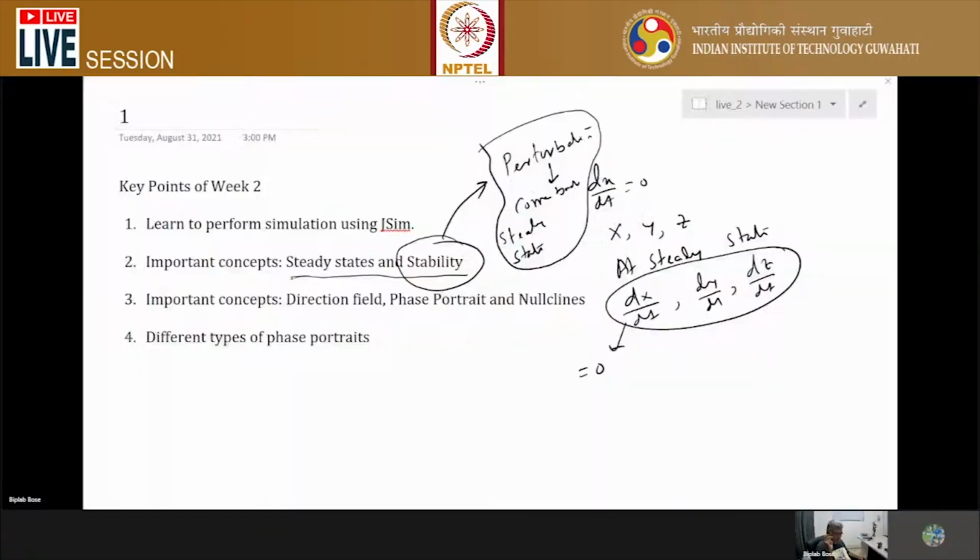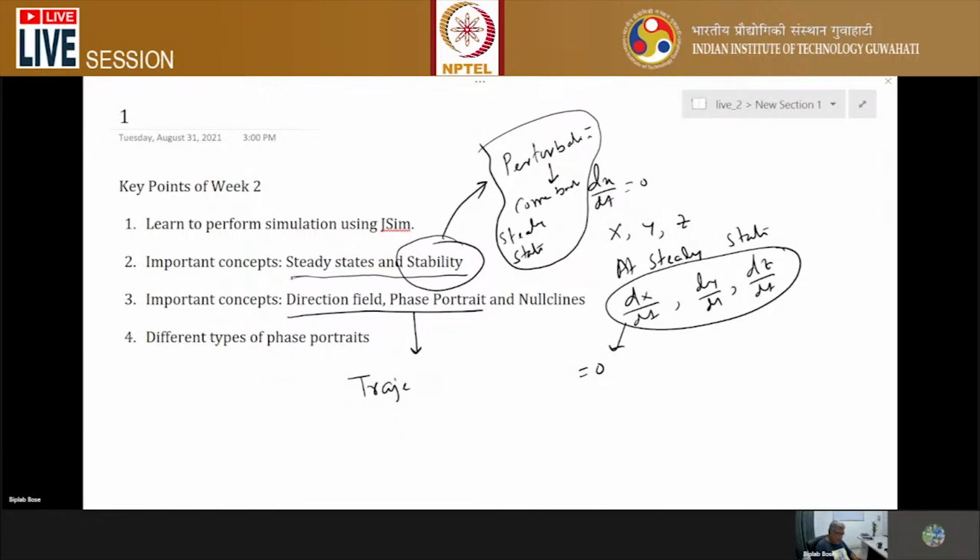Okay, if there are no more questions, let us look into the other points which you should focus on in this week's lecture. There are two or three things which you should practice yourself and understand. Those are direction field and phase portrait. What you are doing in direction field and phase portrait is that you want to know the trajectory.